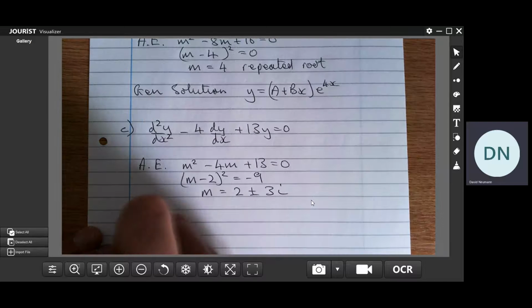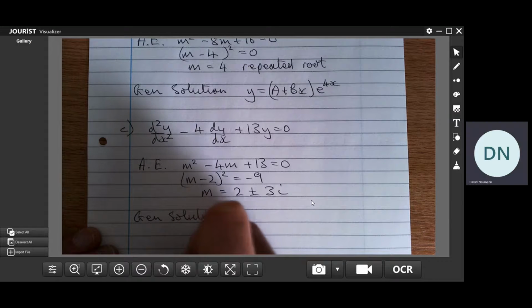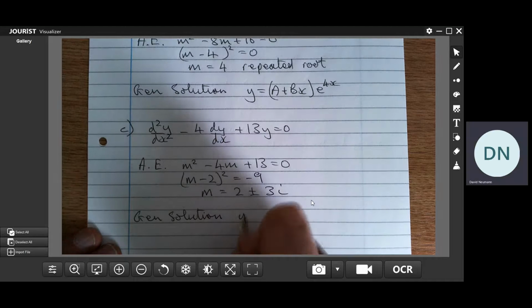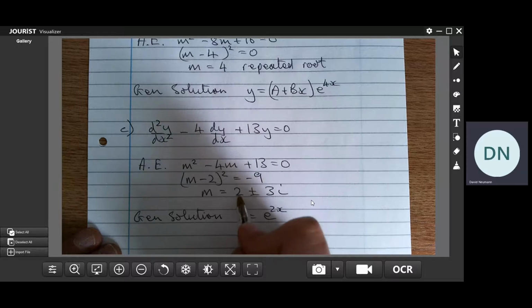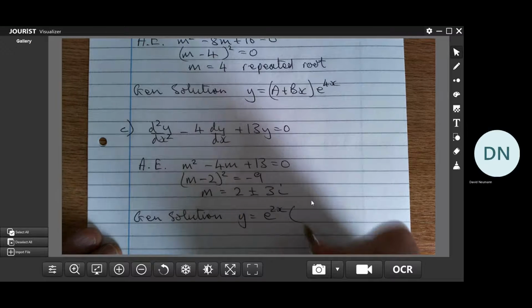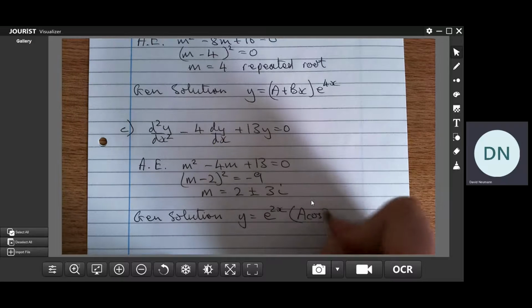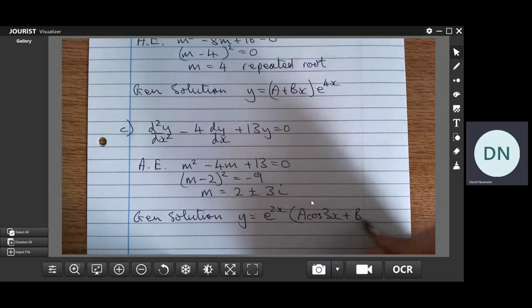So our general solution is going to look like this. y is equal to e to the 2x, so that 2 comes from here, times in brackets, constant a times cos of 3x plus b sine 3x.